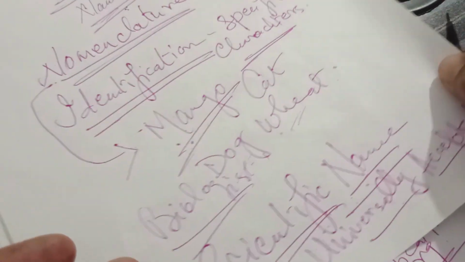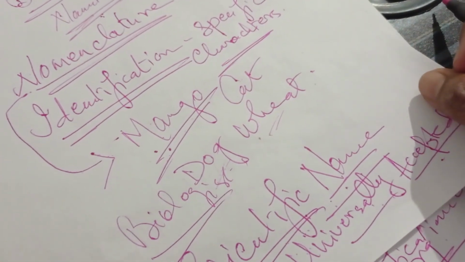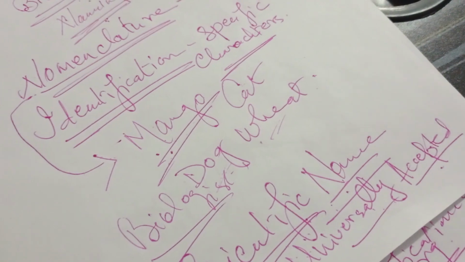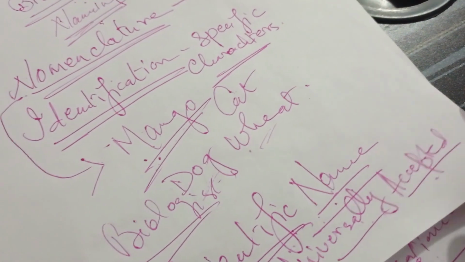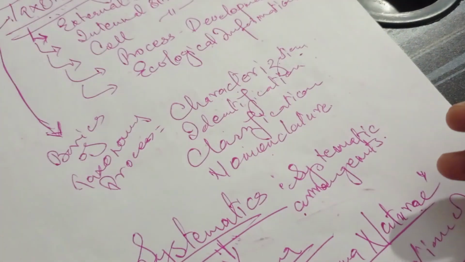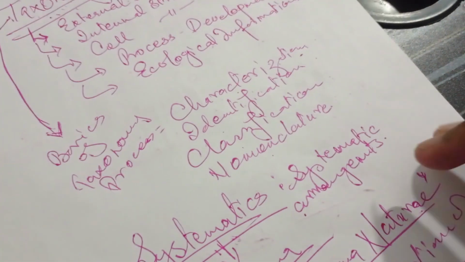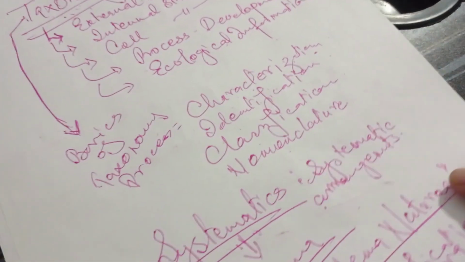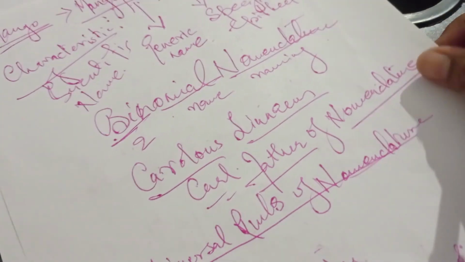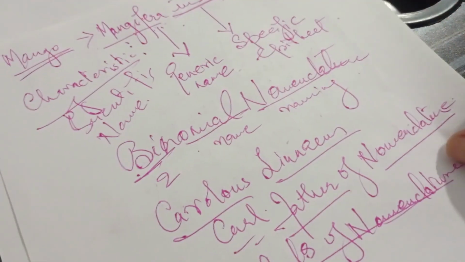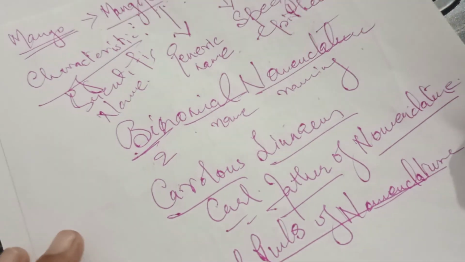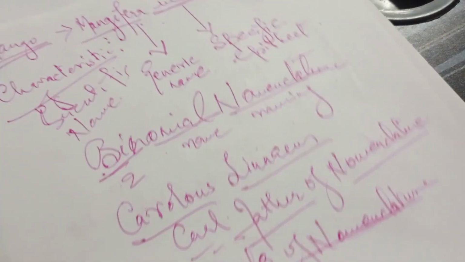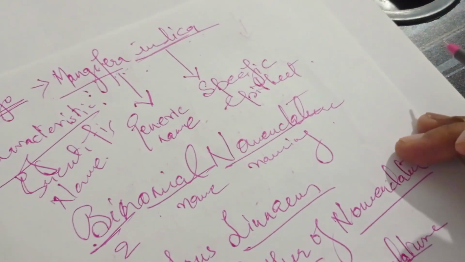And how is the nomenclature or naming done? A common name is given to all the organisms, which includes two names, a name of the genus and a name of the species, and it is worldwide accepted. There are some rules of writing these biological or scientific names. The name of the genus is written in capital, the name of the species written in small, and both underlined separately.